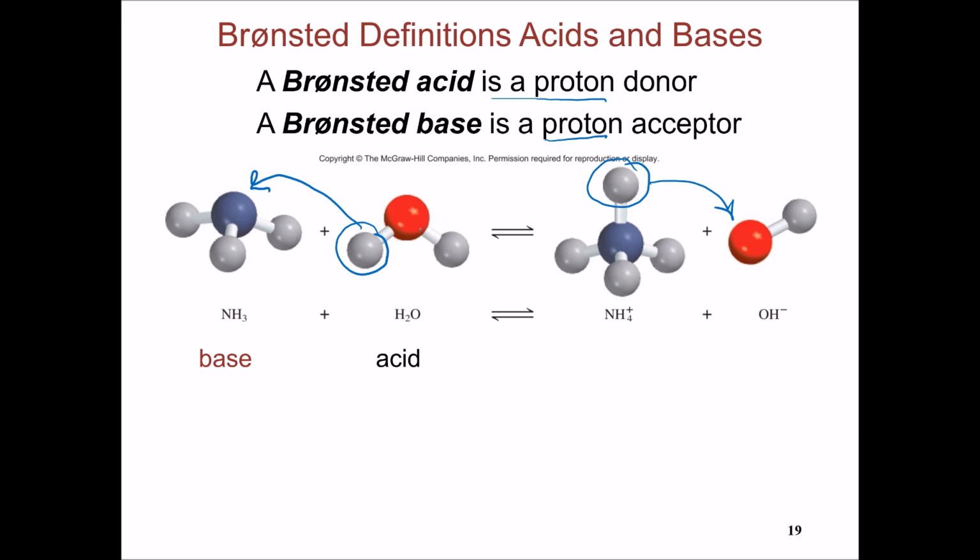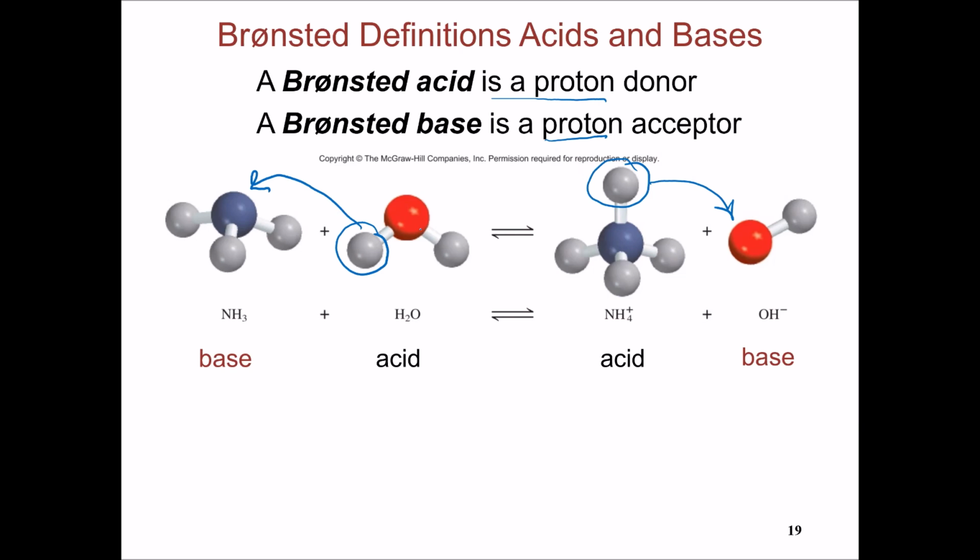So in this case, the one that donates the hydrogen ion is an acid, which is ammonium, and the one that accepts the hydrogen ion is the base, which is hydroxide. So that's why this substance is a weak base, because both directions of the reaction are equally possible. So both of them will take place at the same time.